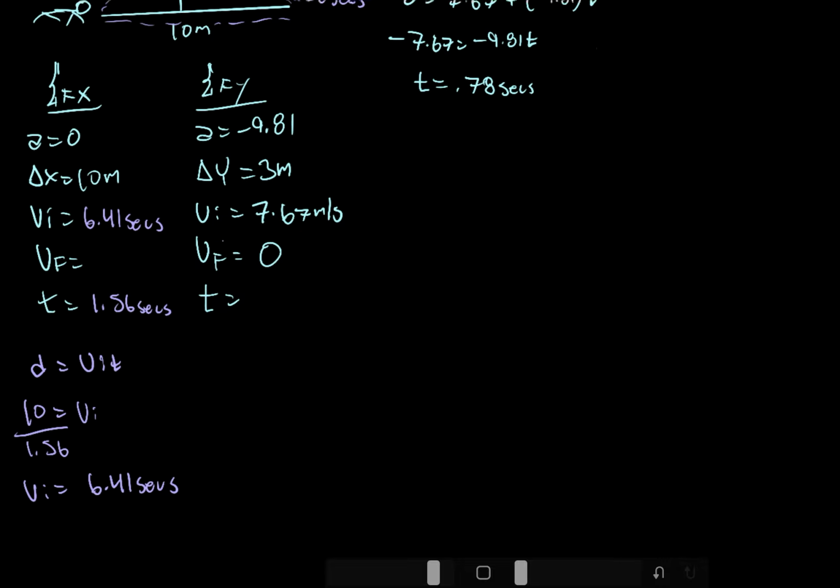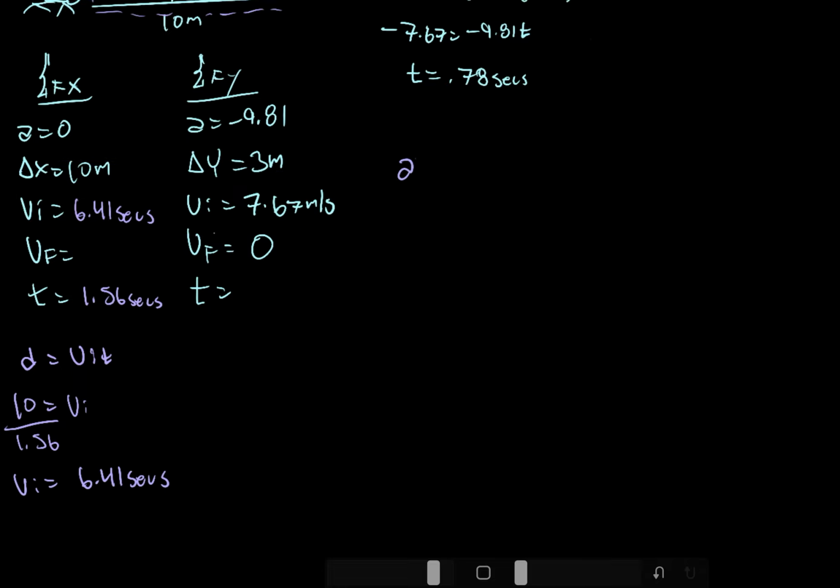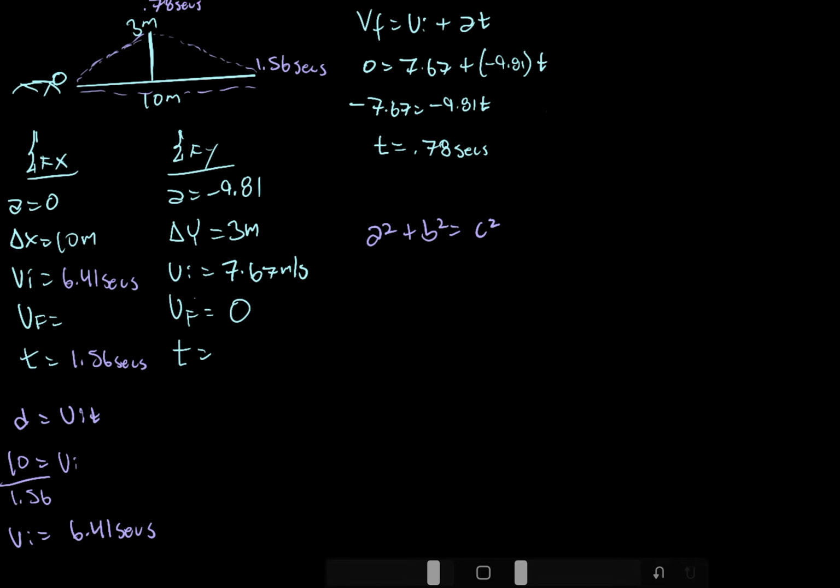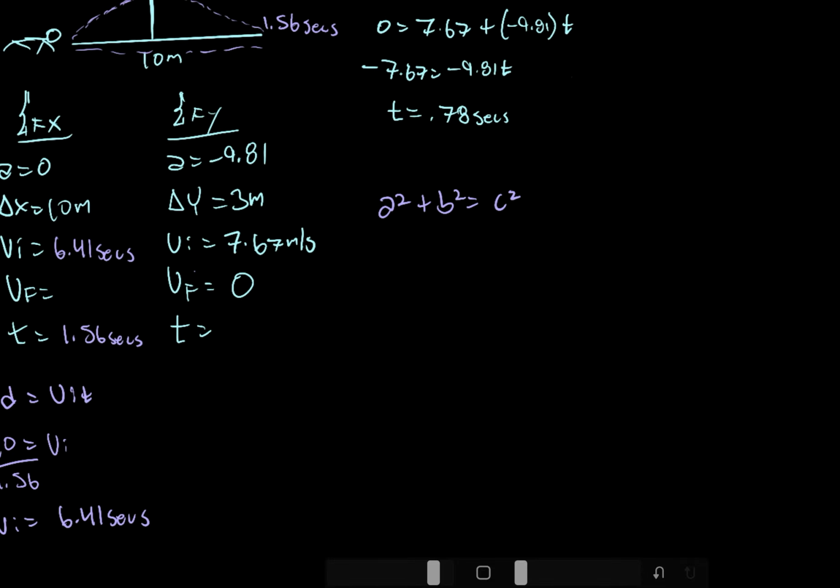And so we have V initial in the x and y, and we just use the Pythagorean theorem. You guys remember this to solve for the hypotenuse. Let's just write it out for you guys real quick. So we have the x, 6.41, and then the y, 7.67. And we want to solve for this.